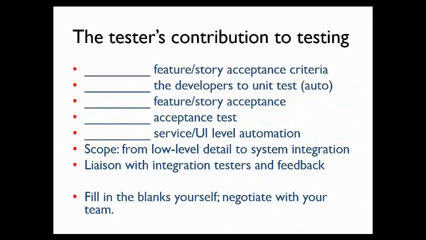You have to choose what the level of contribution is, and the scope is from the lowest level of detail, I would argue, through to system integration outside the Agile team. There's also the notion of liaison with other testers outside the project as well. So the scope is broader than the project, but also the communications, that you are the channel, the conduit to other teams of testers. You have to fill in the blanks and negotiate.